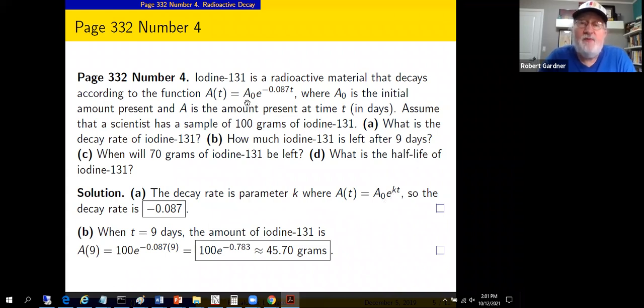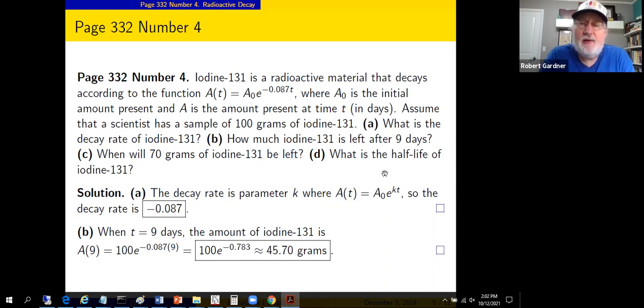A sub 0 is 100 grams, so plug that parameter in and then evaluate at t equals 9. It simplifies a little bit, and then I feed it to the calculator, and out comes the number 45.70. If A sub 0 was measured in grams, then this is measured in grams. So we started with 100 grams, and after 9 days, we have 45.70 grams.